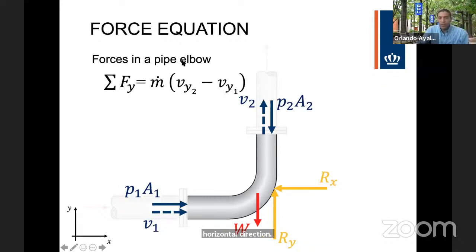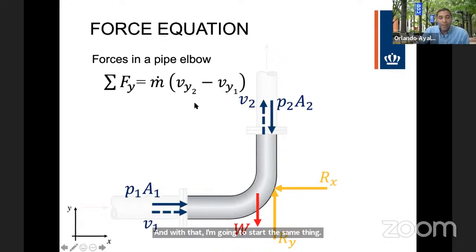In the vertical direction, we're going to identify which vectors are in the vertical direction. Ry is in the vertical direction, W is in the vertical direction, and P2A2 as well. None of the others are vertical.